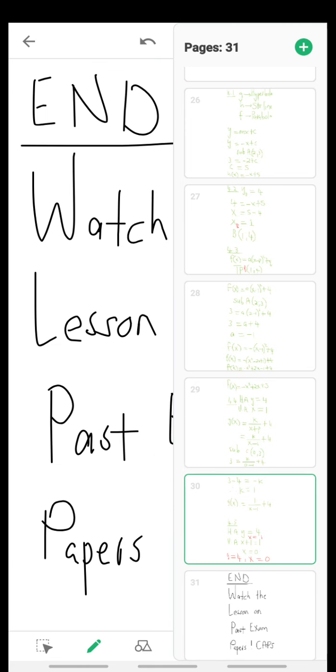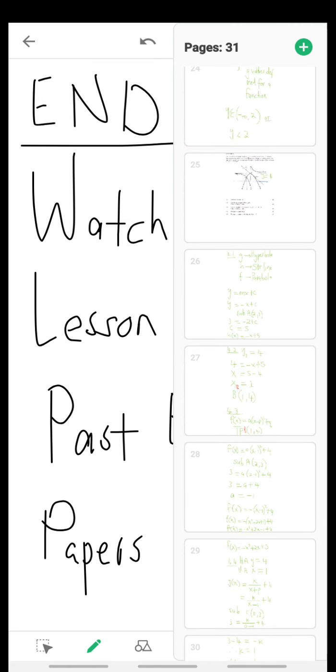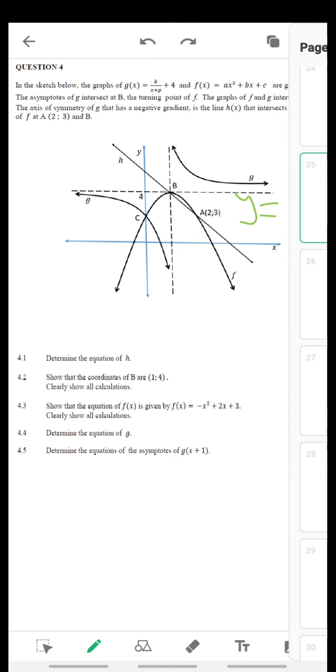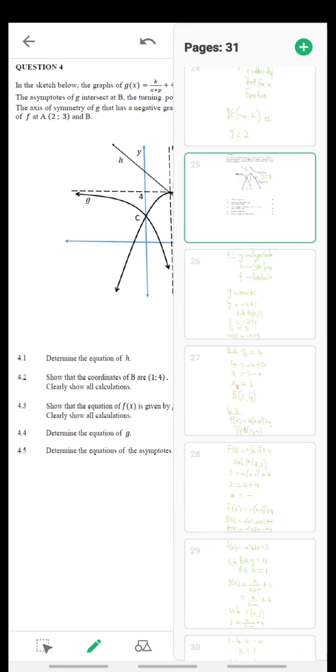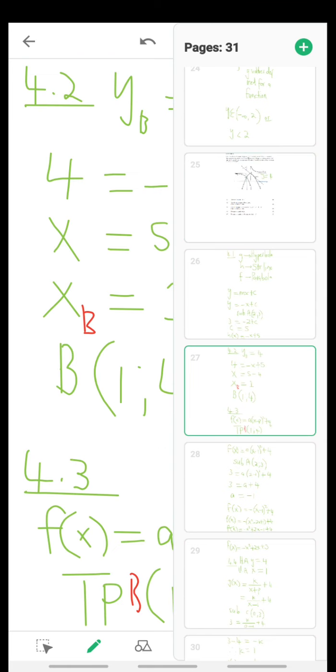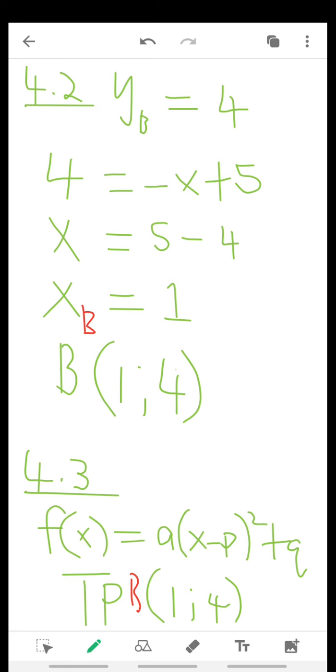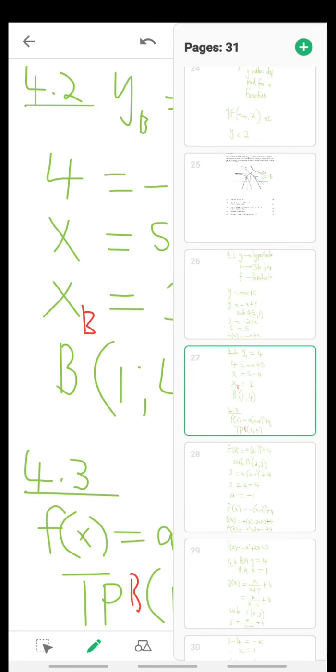Very, very important. The other thing that I want to quickly check, I want us to come back here, where we're determining the equation of f. Please take note that when we are dealing with a parabola, there are three ways in which you can write the equation of the parabola.